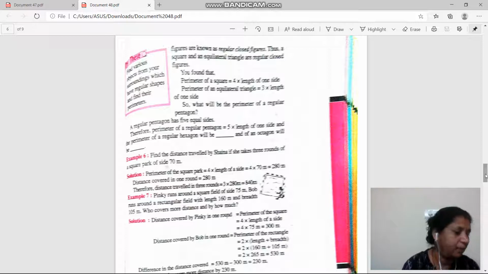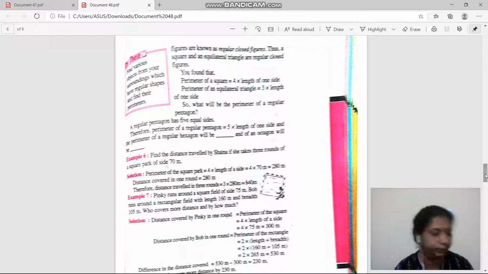The perimeter of a square is 4 into the length of a side, so 4 into 75. 75 is the side of the square field, that's why 4 into 75 we get 300.